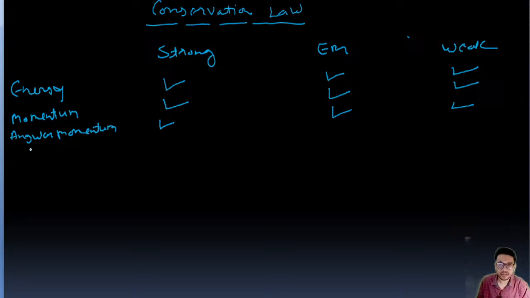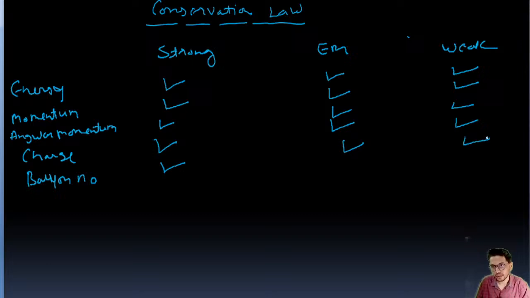Charge should be conserved for strong, electromagnetic and weak, all. Baryon number should be conserved for these three interactions. Lepton number should be conserved for these three interactions.